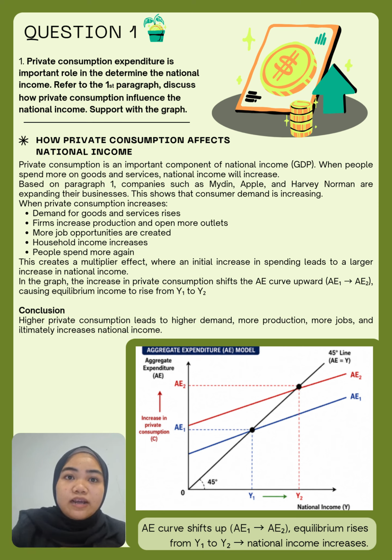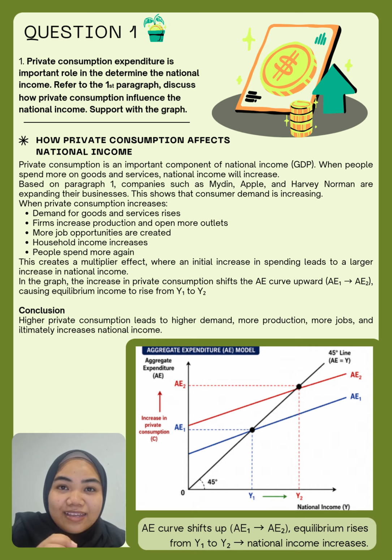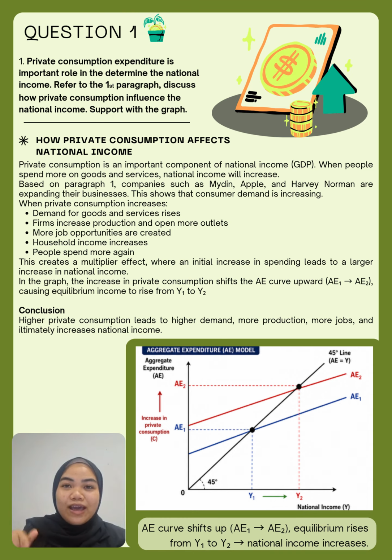I will explain the graph. In the graph, the vertical axis represents aggregate expenditure AE, while the horizontal axis represents national income Y. Initially, the economy is at equilibrium at point Y1 with AE1.